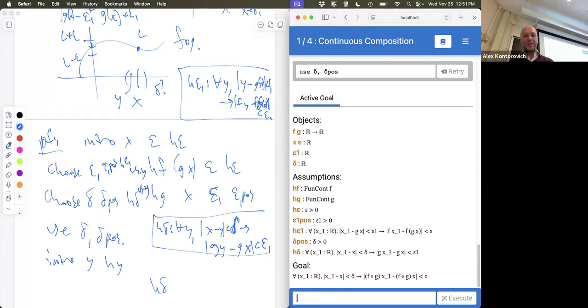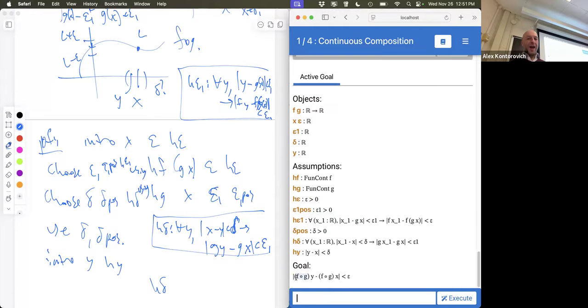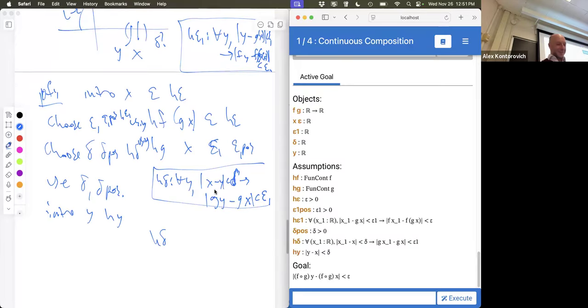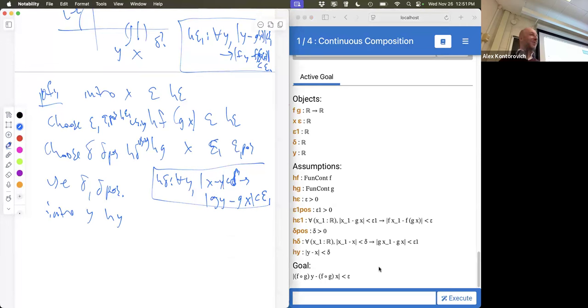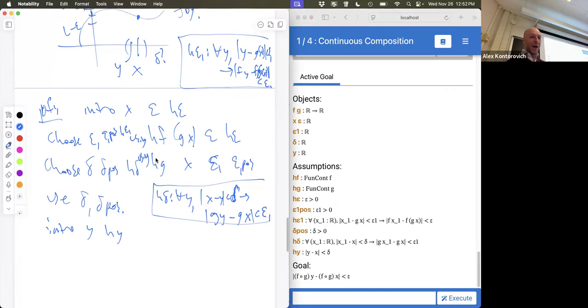And now we have to prove that f of g of y differs from f of g of x by no more than epsilon. So let's not be fancy. Let's do a specialize. We could do this in one line at this point, but it's chaining a little too much. So what do I want to specialize to? And so now I have my y.